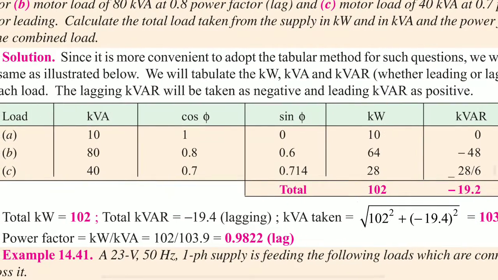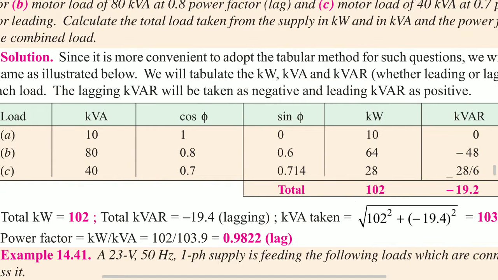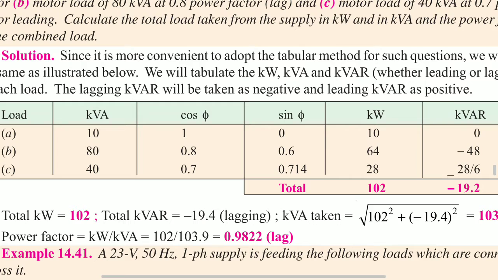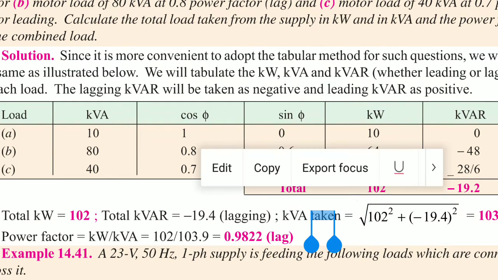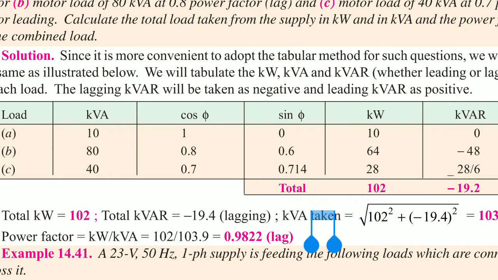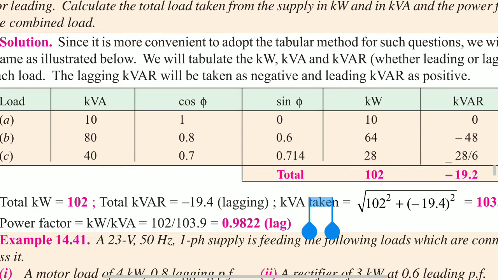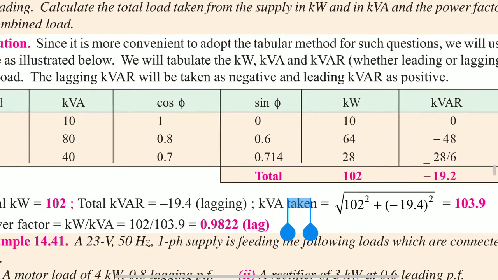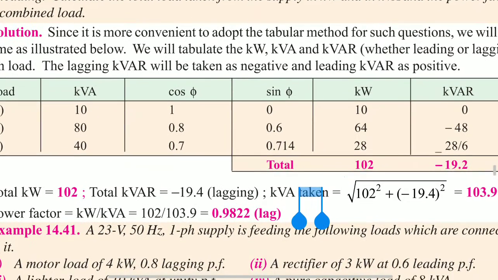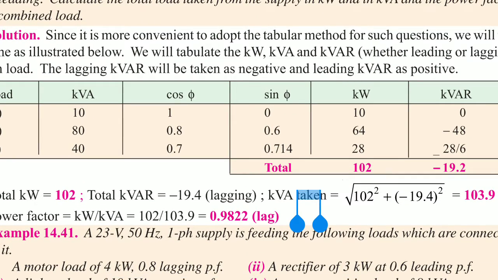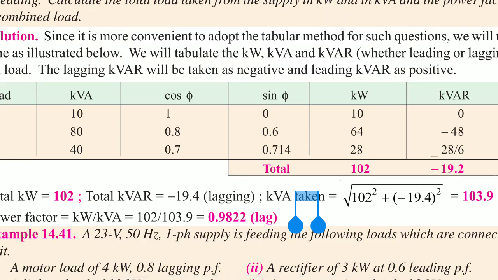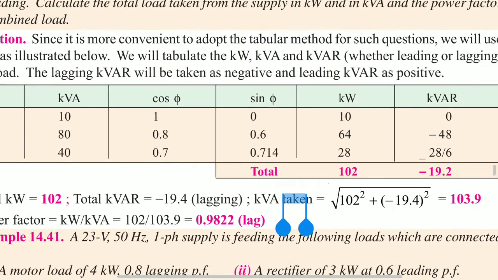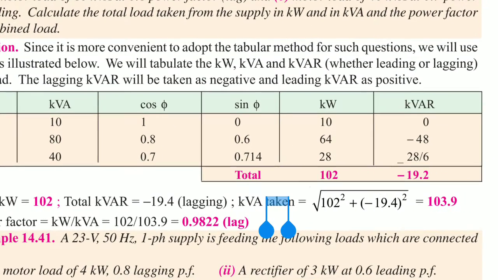Here kW is kVA into cos phi, 40 into 0.7, which equals 28 kilowatts. This is the leading kVAR, so we can write it as positive.